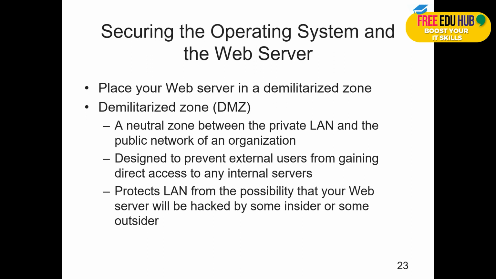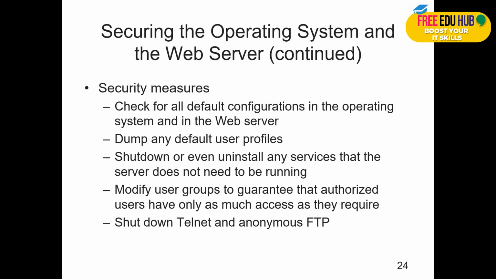Protect the LAN from the possibility that your web server will be hacked by some insider or some outsider. So for the server which is in the DMZ, the internal users must have permissions to access that server and then to make the changes in it. Further, the public which is coming from outside must not be able to access any services through that server which are running within the organization.